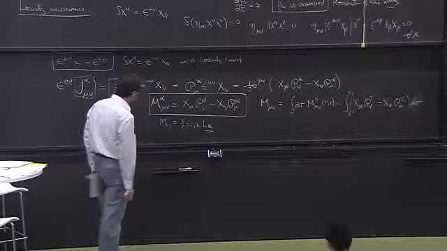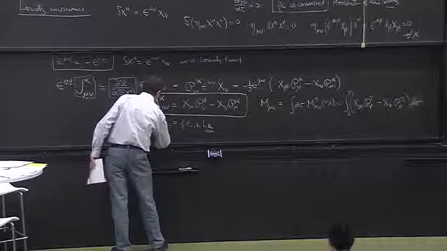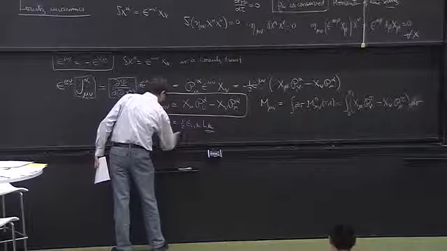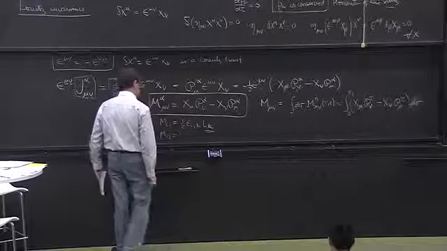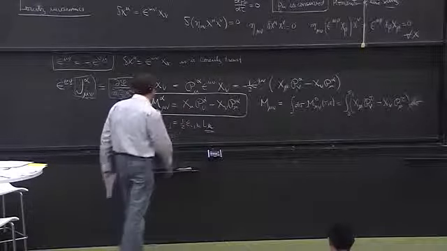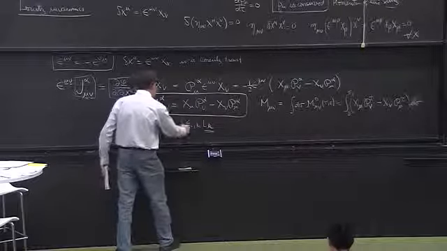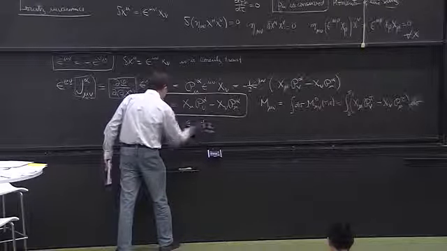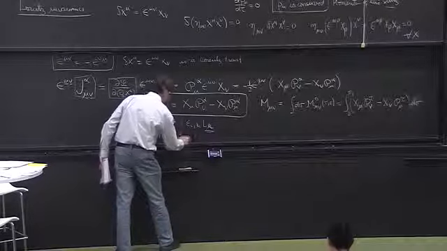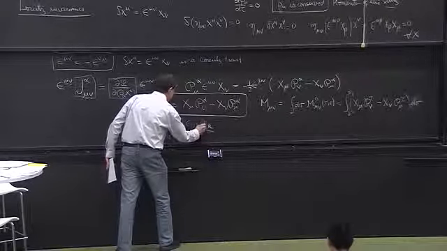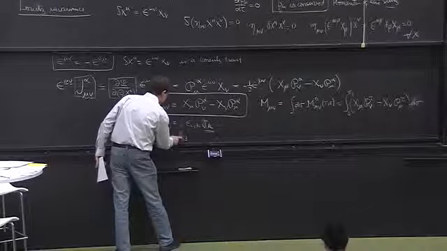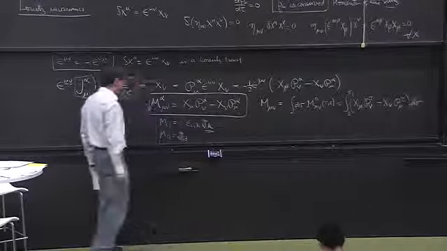So M12 would be, no, there's no 1/2, I'm sorry, I think it's just like that. M12 would be epsilon 1, 2, 3, so it's L3 or J3. Let me call it J for angular momenta. J3.